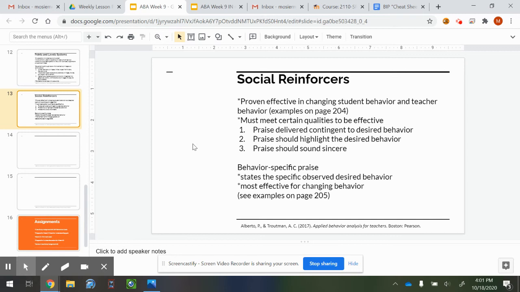General praise would be like, good job. While some students appreciate that praise, it's not necessarily going to help shape behavior. So instead of saying good job, you can say, I really like that you finished your work on time. And that's just reinforcing the behavior that we want to see. Or I like how you stayed in your seat while I was talking. Again, that reinforces the behavior that we want to see of staying in your seat while the teacher is teaching.